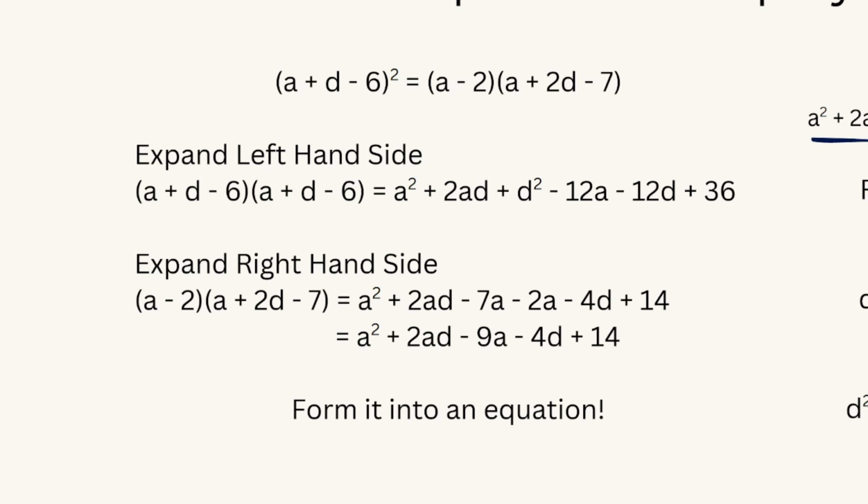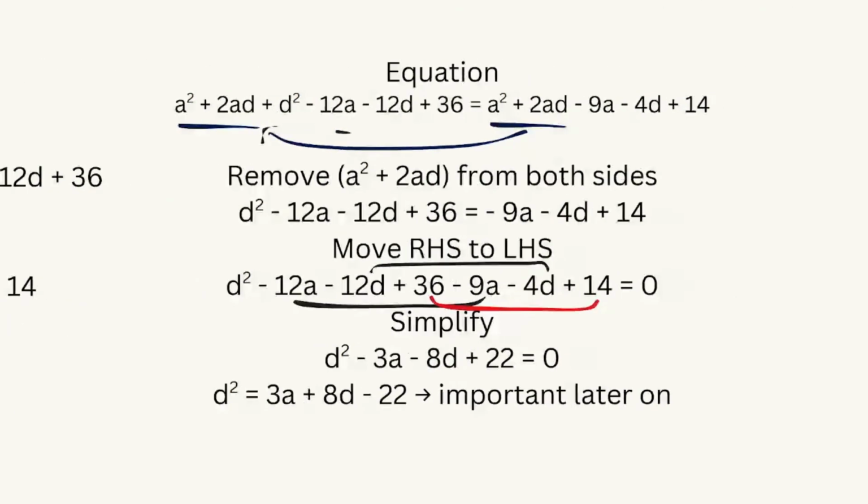And now we need to form it into an equation. The equation is A squared plus 2AD plus D squared minus 12A minus 12D plus 36 equals A squared plus 2AD minus 9A minus 4D plus 14. We remove A squared plus 2AD from both sides because it makes it easier to simplify, by subtracting A squared plus 2AD from both sides.